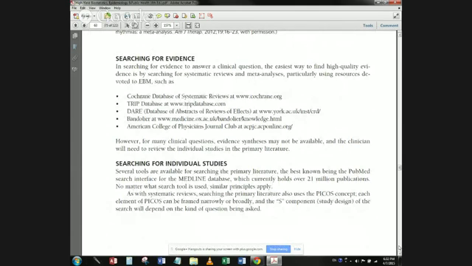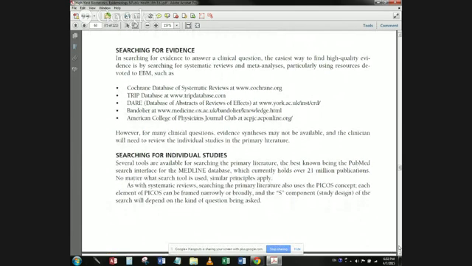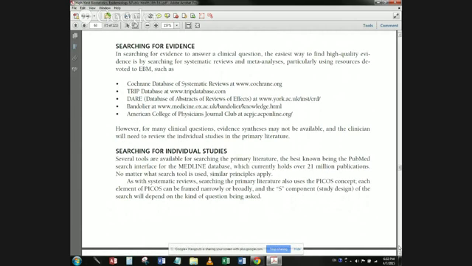Searching for evidence. In searching for evidence to answer a clinical question, the easiest way to find high quality evidence is by searching for systemic reviews and meta-analyses, particularly using resources devoted to EBM, such as the Cochrane database of systemic reviews at www.cochrane.org, TRIP database, DARE, Bandolier, and American College of Physicians Journal Club.